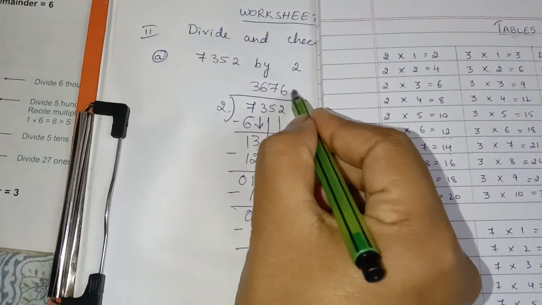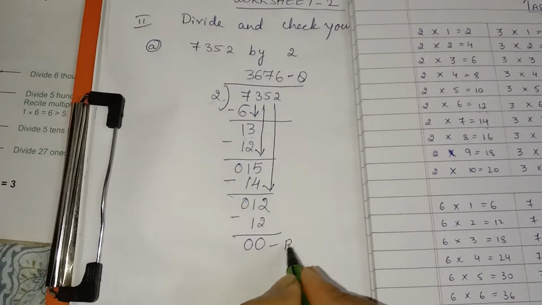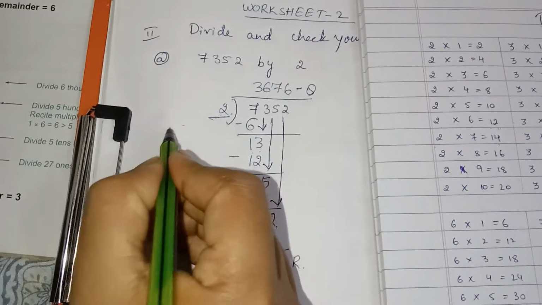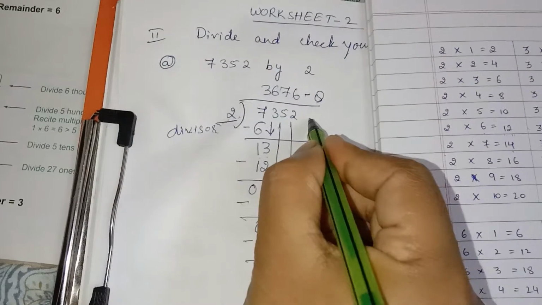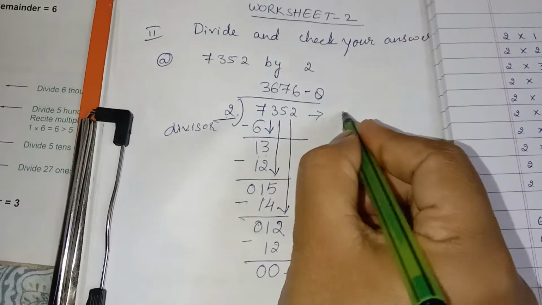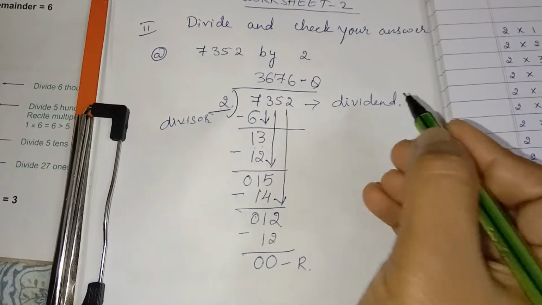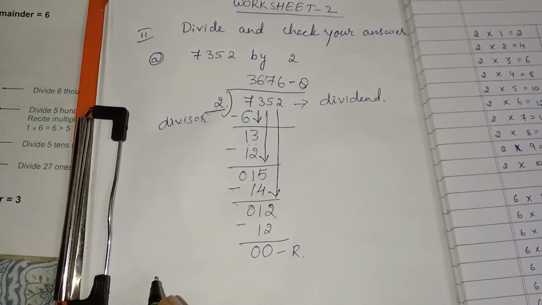Now this is called the quotient and this is the remainder. You all know that this is the divisor and this is the dividend. Now we have to check the answer.